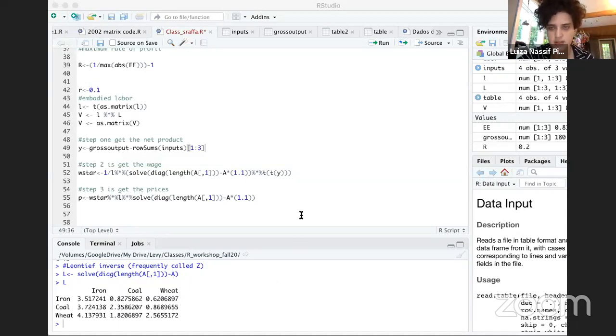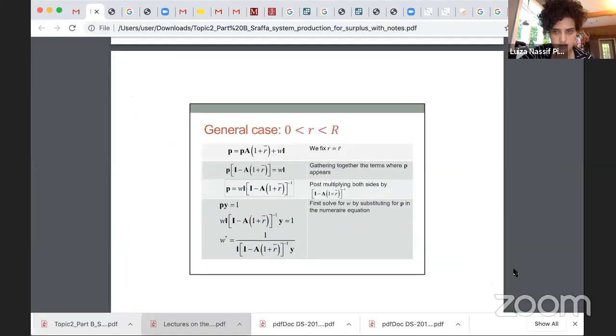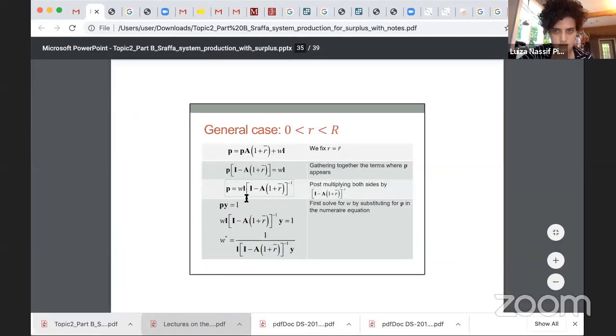So what is going to be the wages given your profits, and then solving everything else. This is the formula we're going to be applying right now. So this is basically this part here on the inside.